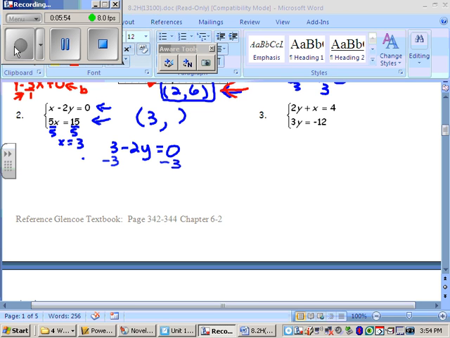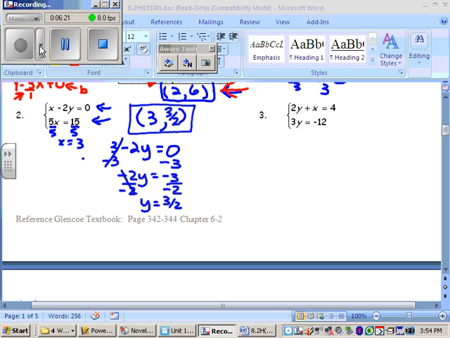Subtract 3 from each side of the equal sign, which leaves you with negative 2y equals negative 3. Then divide both sides by negative 2, and y equals 3/2. So our solution is (3, 3/2), or (3, 1 1/2).